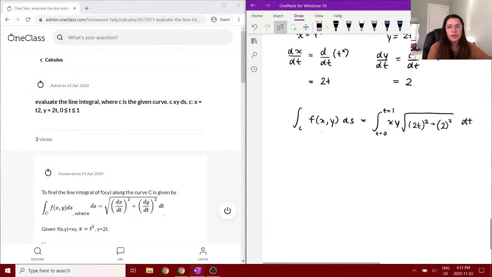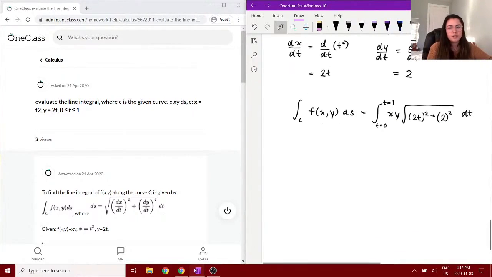Okay. I'm just going to also sub in x and y here so that everything that we have being integrated is with respect to t. Makes it easier for us. So, well, we don't have to write the t equals every single time.